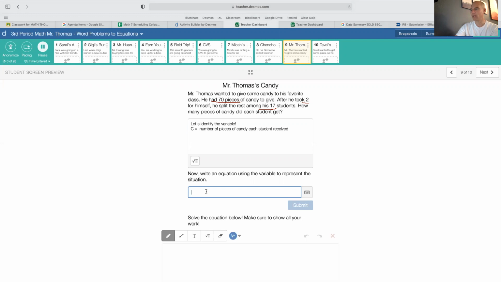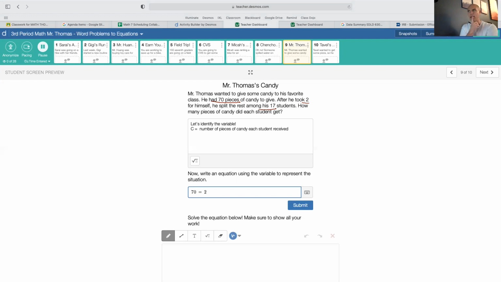All right, now write an equation using the variable to represent the situation. So we had 70 total to start with, right? I'm going to start this one like that. I know that all this candy that I'm handing out, eating for myself or whatever, should total up to that 70 I started with. And I know that there's the 2 that I ate for myself.